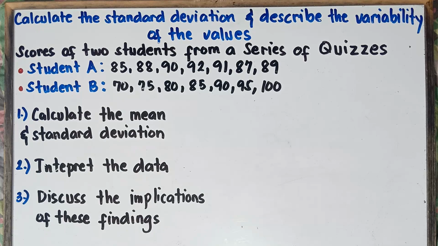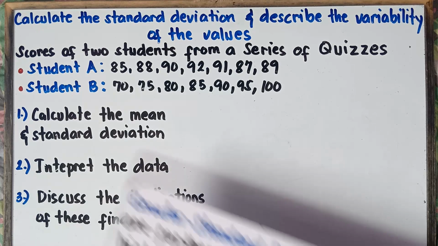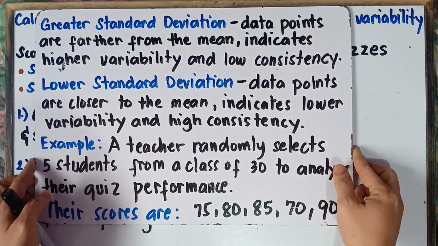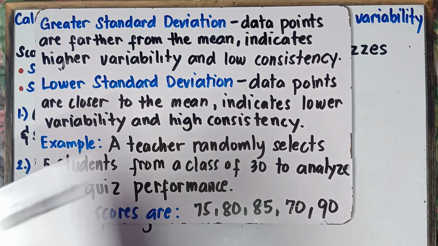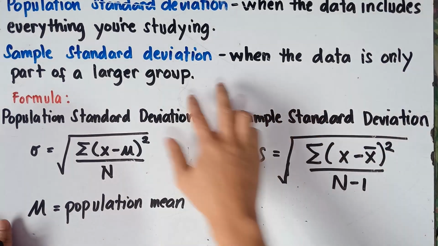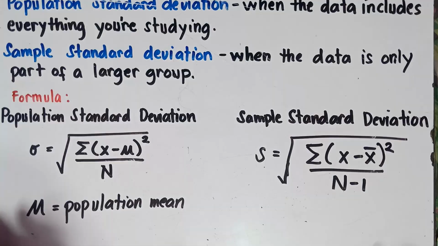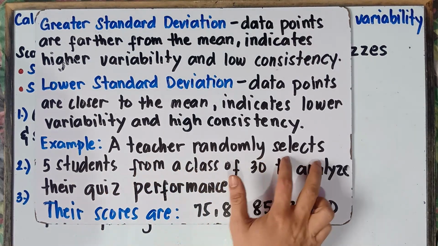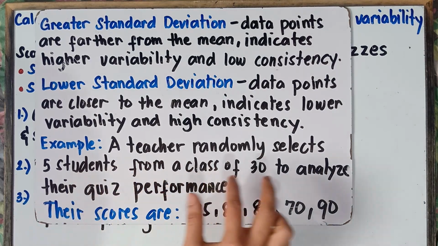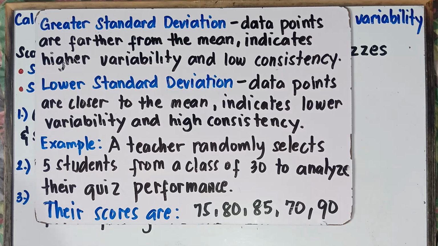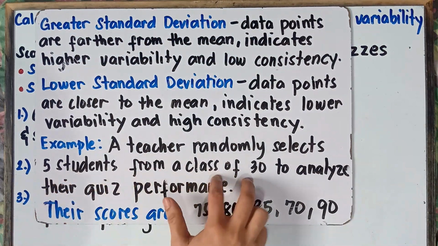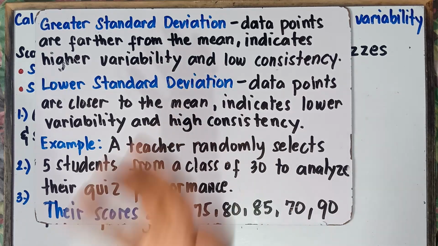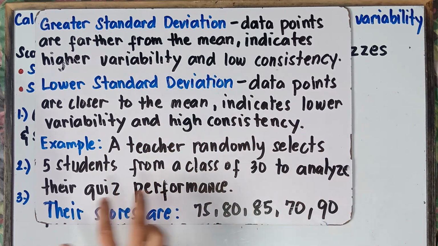Now, for the sample standard deviation, let's have an example. You will use the sample standard deviation when the data is only part of a larger group. Example: a teacher randomly selects 5 students from a class of 30, and we only select 5 students to analyze their quiz performance.